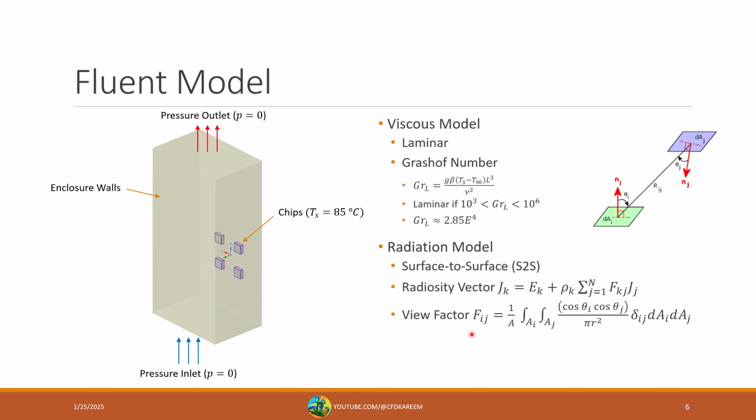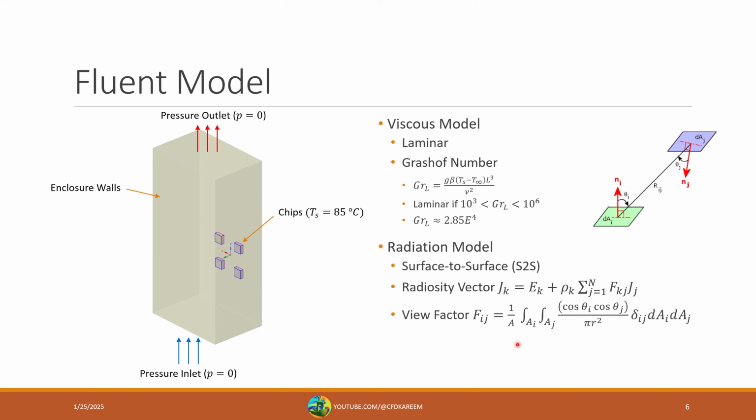The view factor is calculated before we actually calculate the simulation, so we'll look at the entire domain, and the view factors will be calculated and then stored in the matrices to be used in further calculations. And up here we can see a rough diagram of how the view factor is calculated. It will look at one surface which is emitting energy and one surface which is receiving energy and calculate the view that those two surfaces have to each other and then use that in the calculation of radiation.